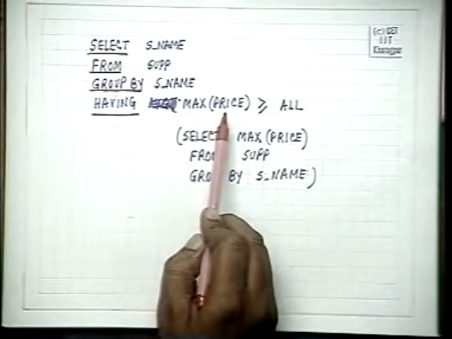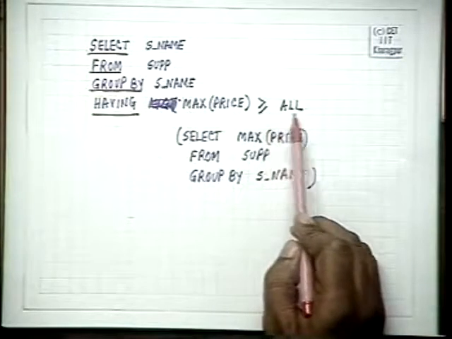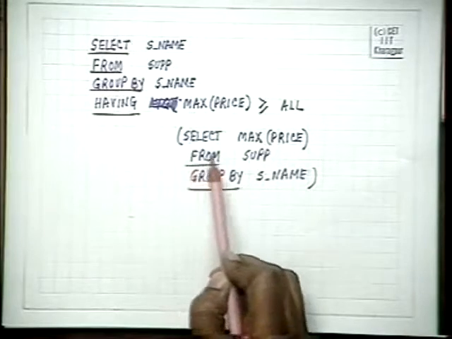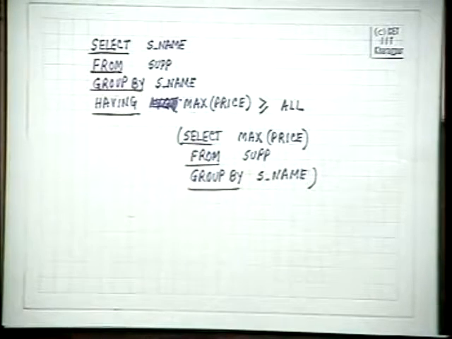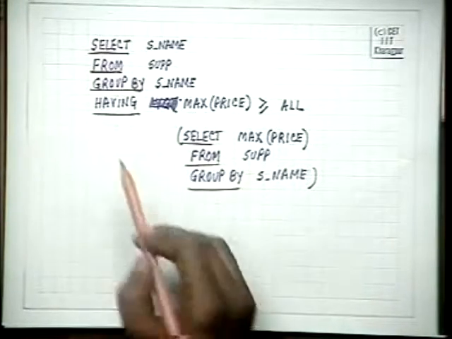So max price on sub relation based on every supplier greater than equal to all, select max price from sub group by supplier name. So let us have a look into what this one is doing.